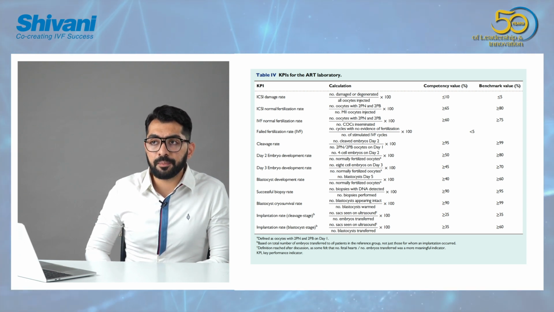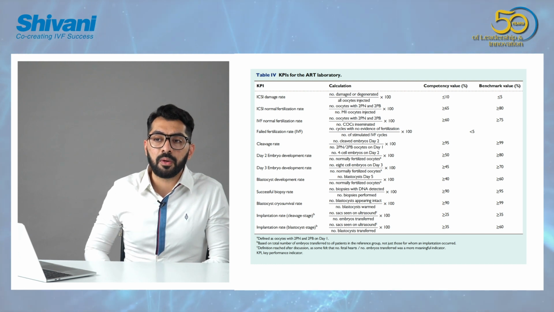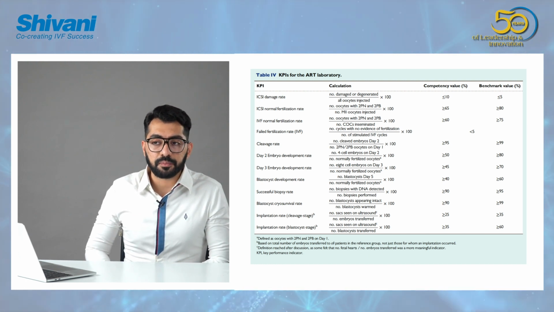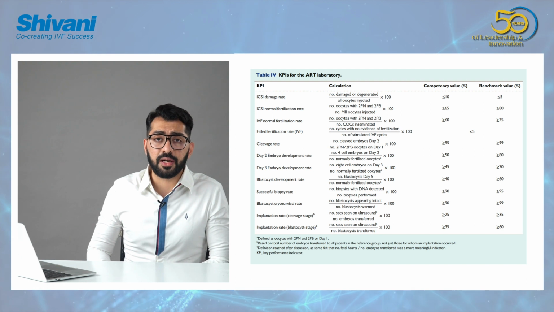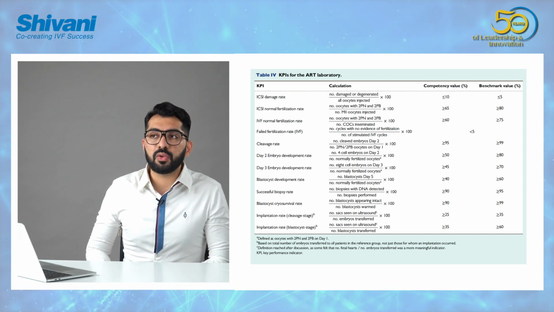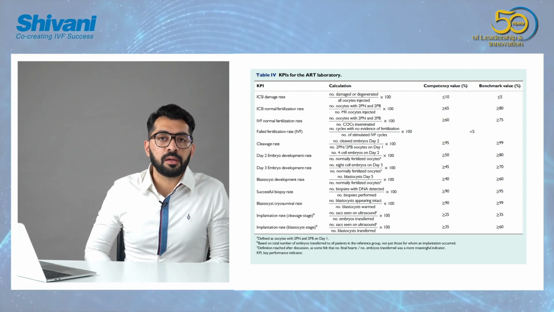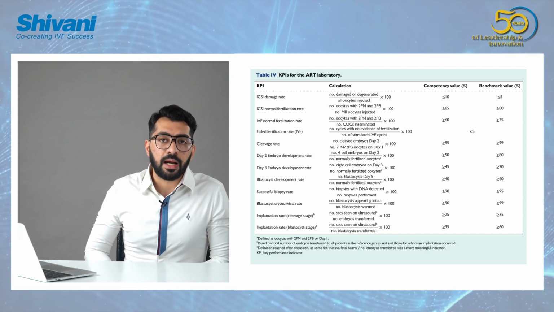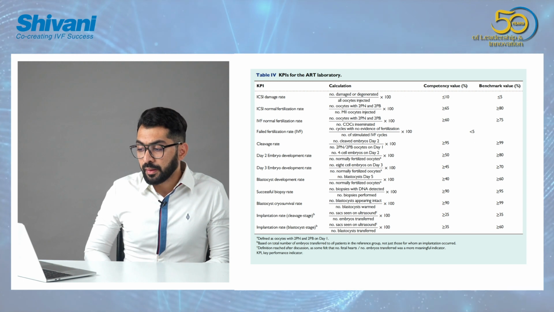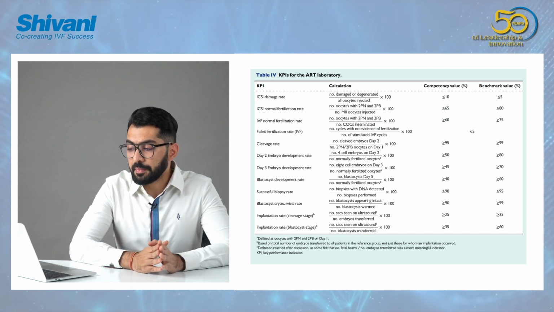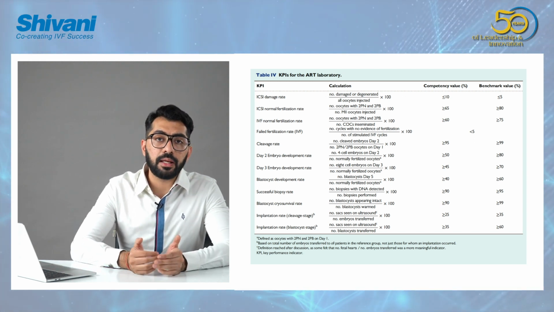And let's say you want to make a decision about which patient to categorize for a blastocyst transfer. In those scenarios, let's say you have 4 good quality day 3 embryos, you would be confident in doing a blastocyst transfer for that particular patient. The next few are basically depending on the implantation.